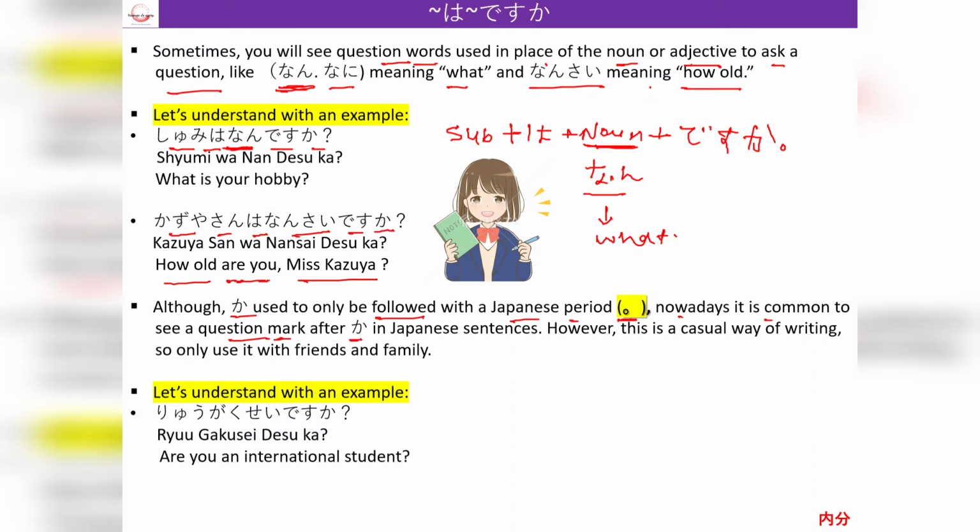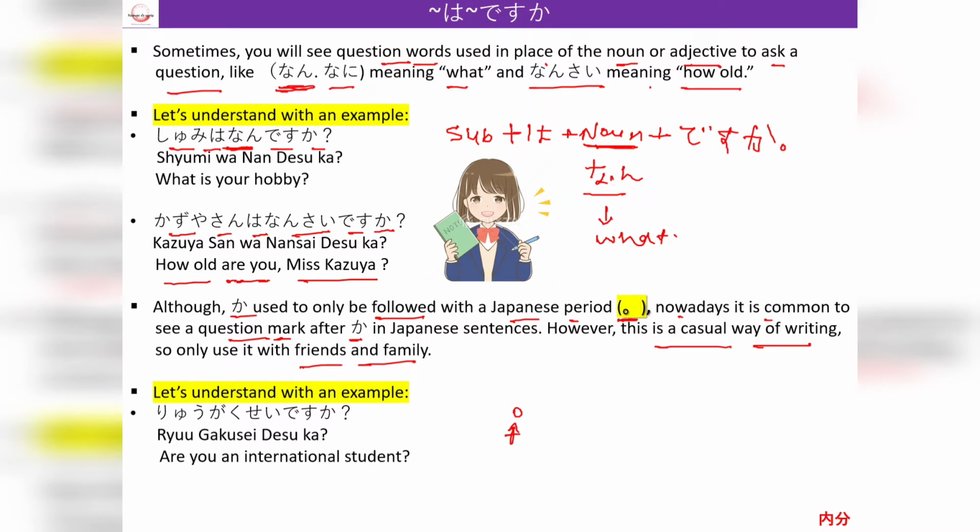However, this is a casual way of writing and we can only use it with our friends or family. Whenever you are writing formally or in an office, then you will have to write maru at the end of ka. This is maru, which is like a full stop in English.